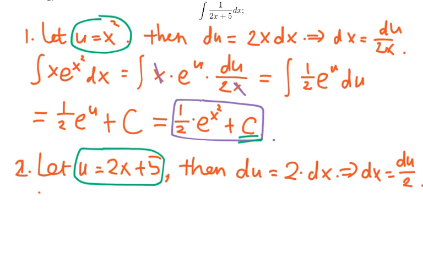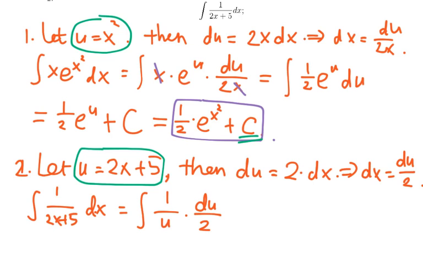Now we are going to integrate the original function, that is the integral of 1 over 2x plus 5, but 2x plus 5 is just u, times dx, and dx is equal to du over 2.